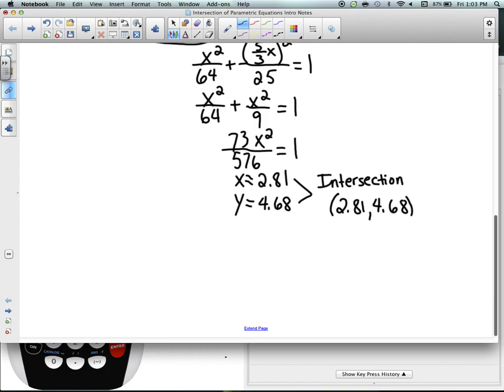But if we want to see if they get there at the same time, we need to plug in those values to see if that happens. Again, make sure you're in radian mode still, like we did for the graphs, and we'll check out bug A and bug B. For this, if you do 2.81 divided by 8 and do inverse cosine, it comes out to about 1.21 seconds.